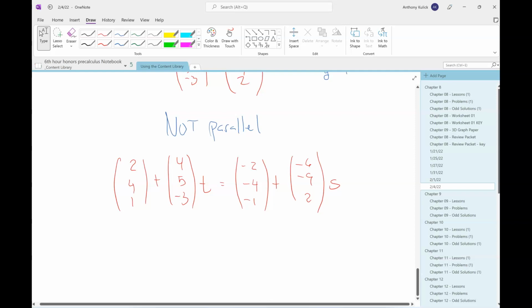Do you remember what we did in 2 dimensions after this point when we set the two equations equal to each other? We had all the x's and then systems of equations. Yeah, so we do the vector operations to get each side down to a single vector. So the left-hand side becomes 2 plus 4t, then 4 plus 5t, and then 1 minus 3t. And same thing on the other side.